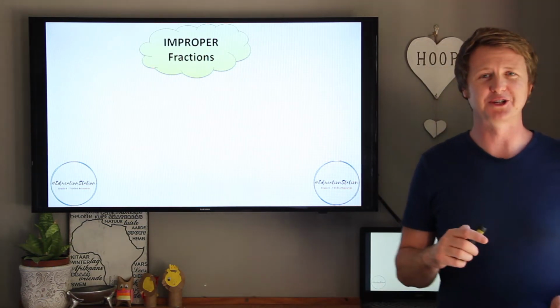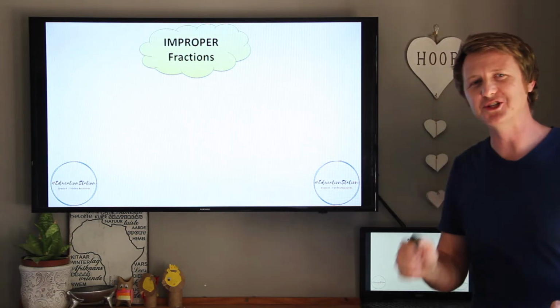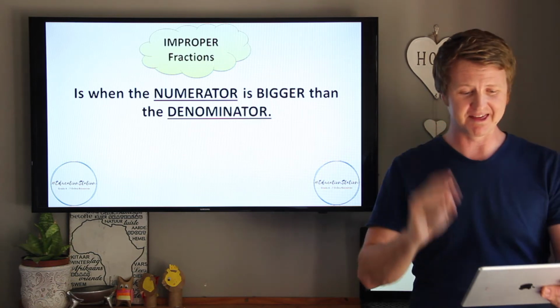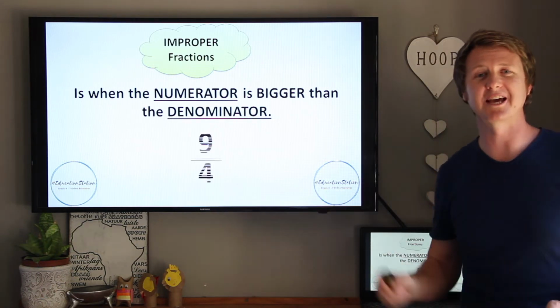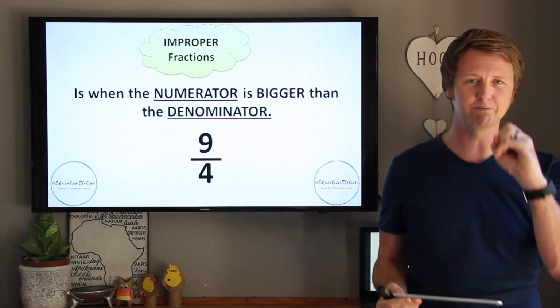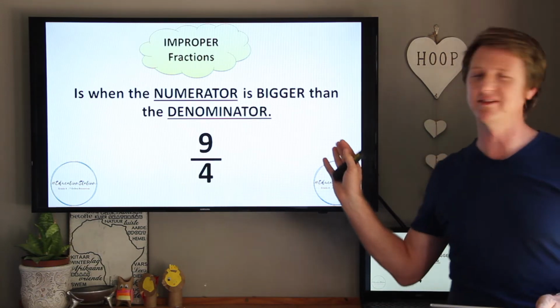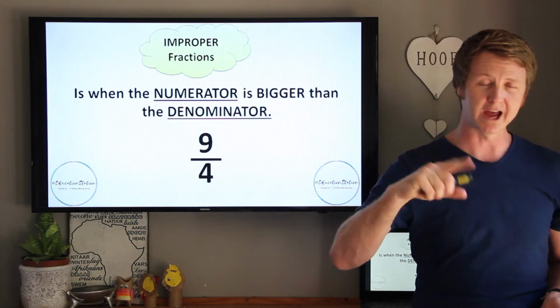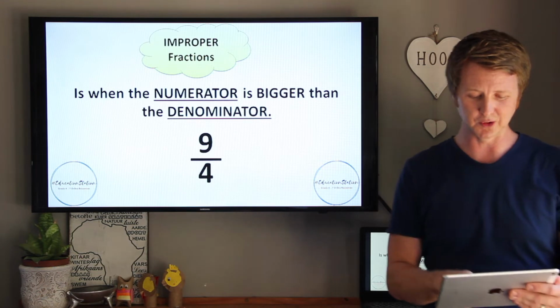So an improper fraction, correct, I hope you remembered, is when the numerator is larger or bigger than the denominator. So in this case, I've given you 9 quarters. So 9 quarters, you can see the numerator is bigger than the denominator, and that is what we're going to be looking at today. We'll be able to take that improper fraction and convert or change it into a mixed number.